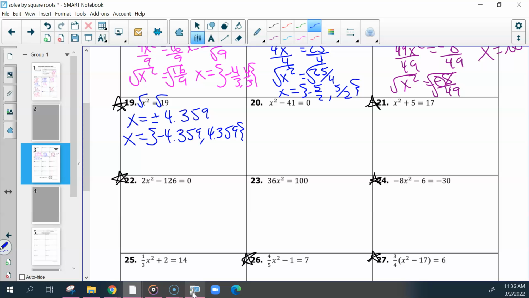Number 21. Subtract 5 on both sides. We have x squared equals 12. 12 is not a perfect square, but we can put it in our calculator and find the decimal.